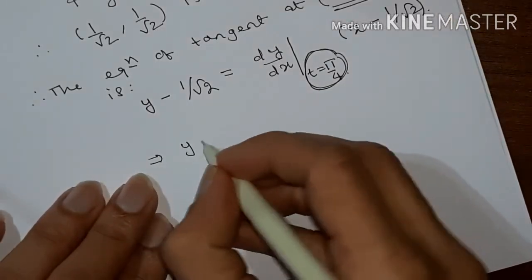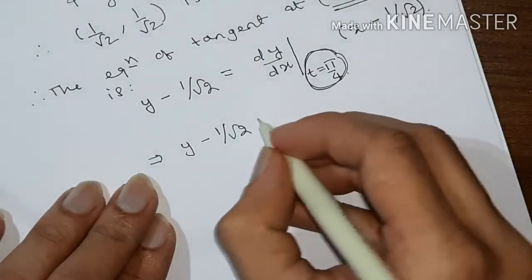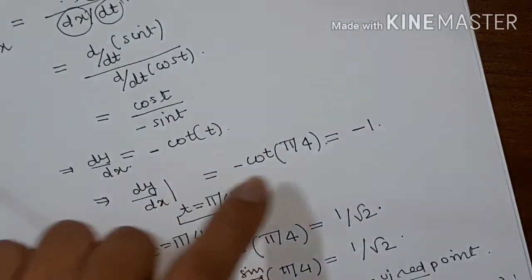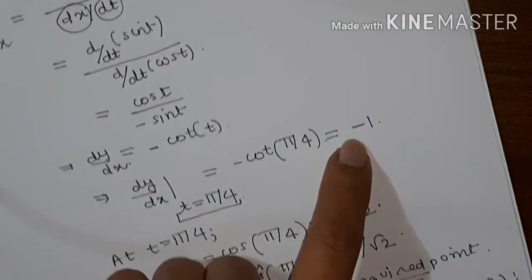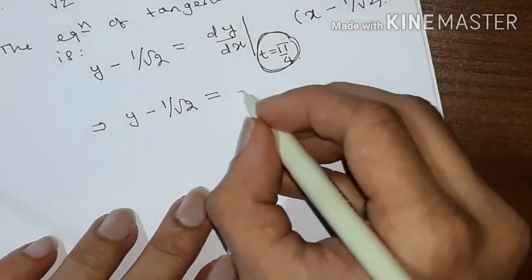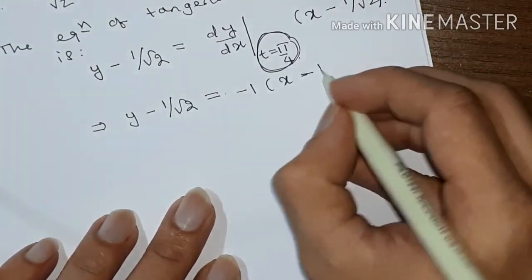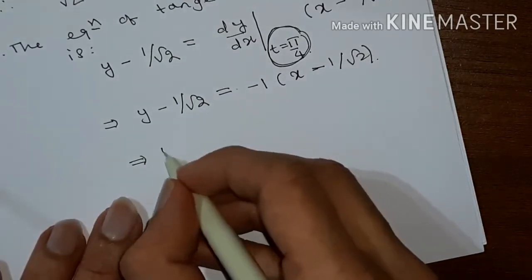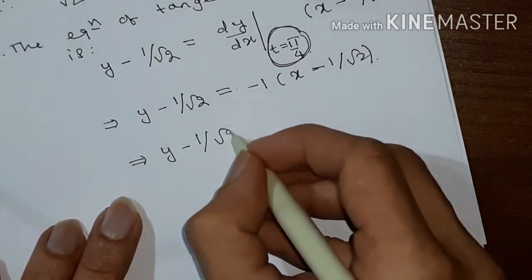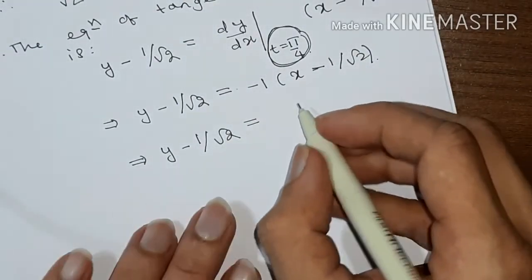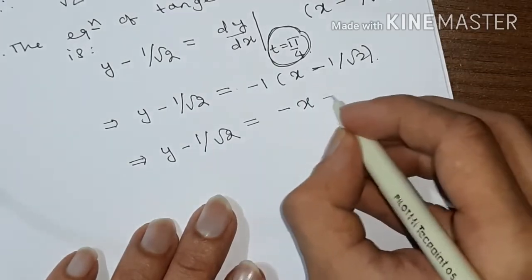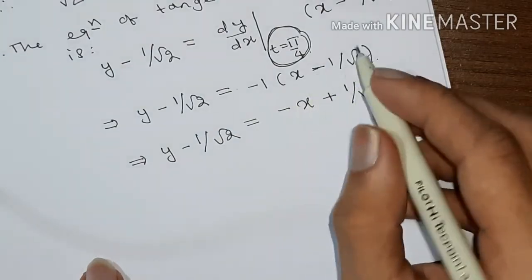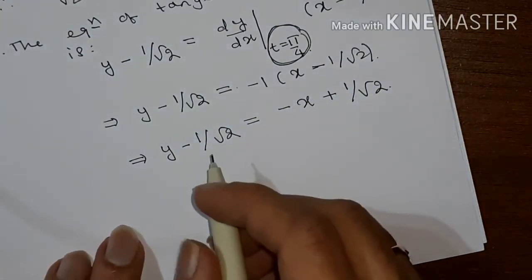So y minus 1 by root 2 is equal to the slope we have found, minus 1, multiplied by x minus 1 by root 2. That means y minus 1 by root 2 is equal to minus x plus 1 by root 2, if I multiply minus 1 inside the bracket.